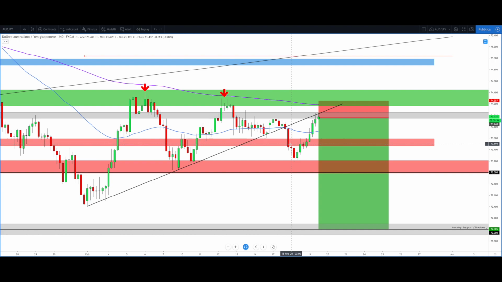From this point we can see that the price started a second bearish phase that perfectly touched 7320 but failed to go lower, and from this point, as explained in my free analysis yesterday, the price started a correction that today brought it here to touch again the resistance zone around 7.4. And we can see here that this could be a perfect example of our main strategy.